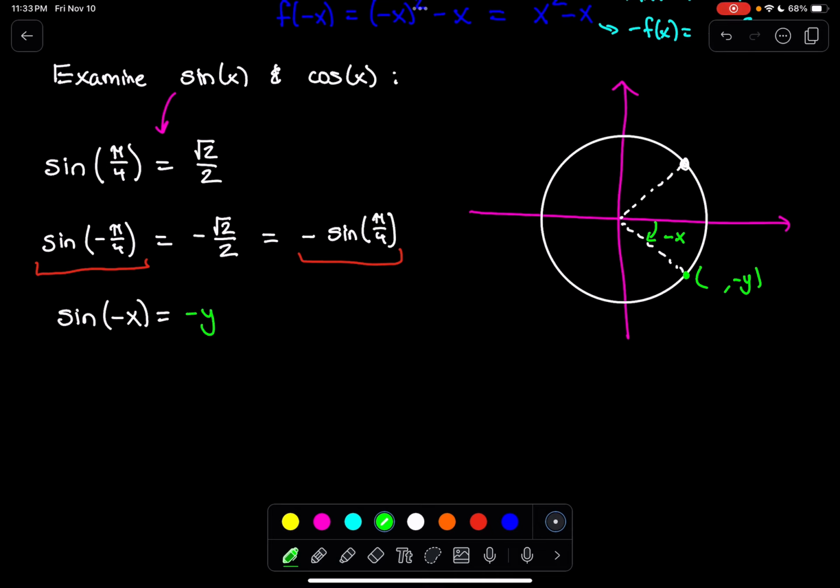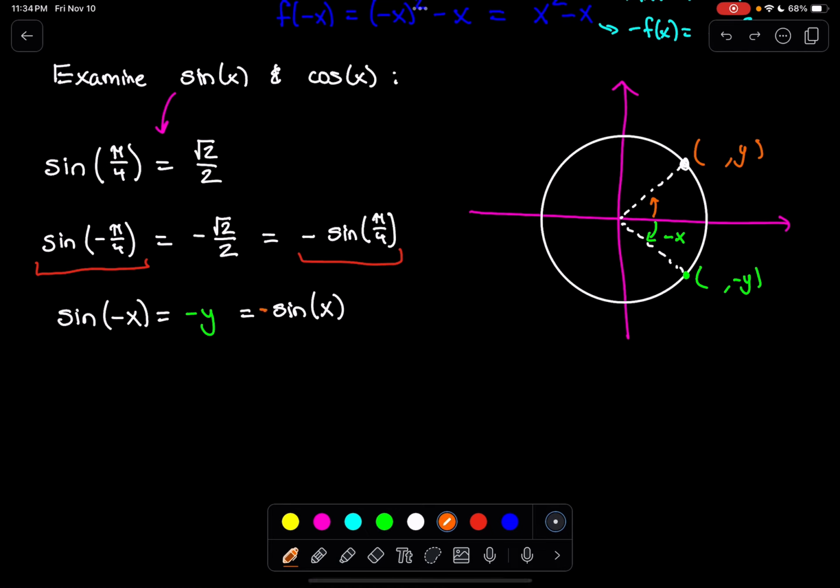Equals negative y. But if I were to plug in, say, some positive value of x, if I go up the same exact amount, hopefully we can kind of see that the point we're going to land at is going to be the exact same y value, just positive. So this is not equal to the positive version.